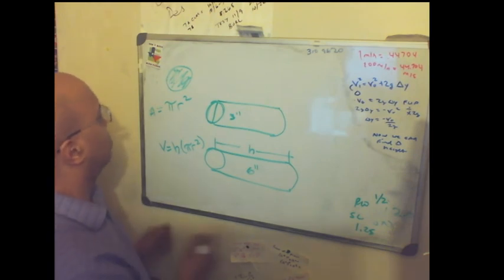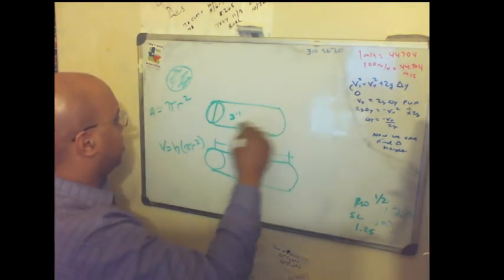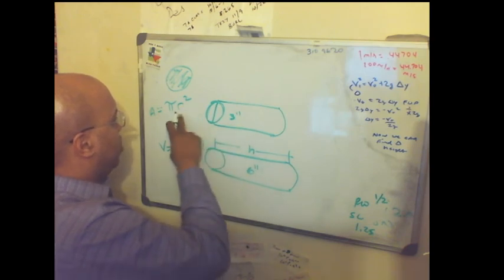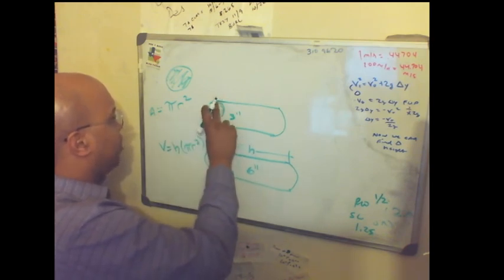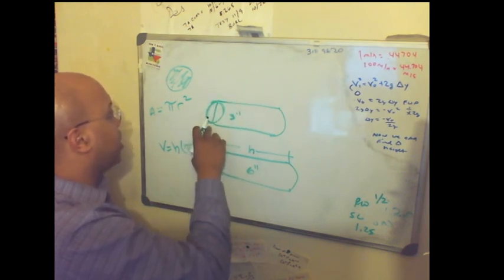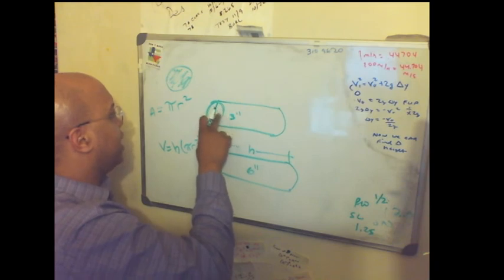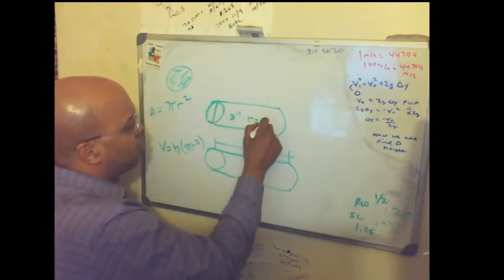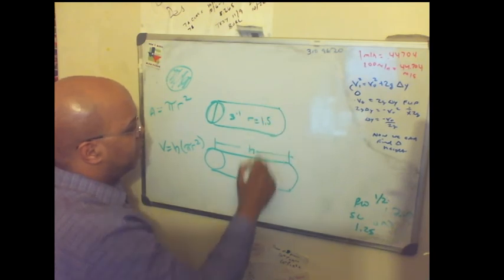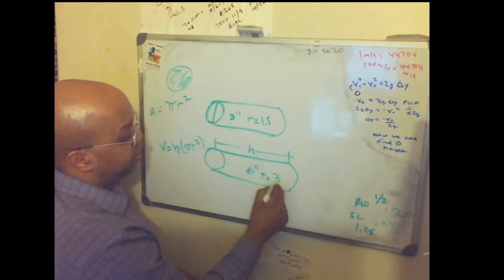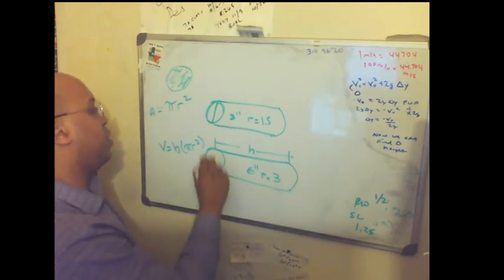In this case, we do have to deal with r squared, radius squared. The diameter is 3 inches, so the radius is 1.5, because it's half of the diameter.